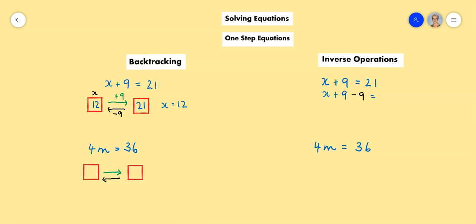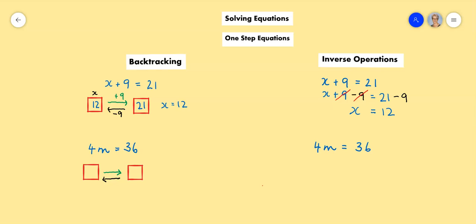Now, when we're using inverse operations, what you must always remember is that what we do on one side of the equal sign, we must also do on the other side. So we're going to minus 9. Now, this plus 9 and this minus 9 are going to cancel out. Plus 9 minus 9 gives us 0. So we are left with x is equal to 21 minus 9. And 21 minus 9 gives me 12.